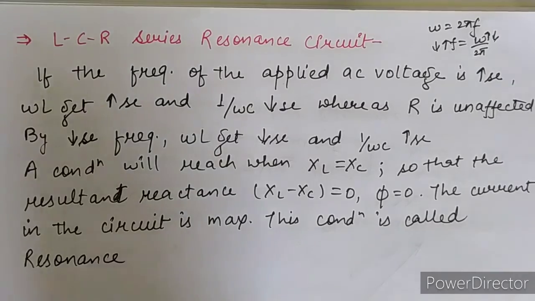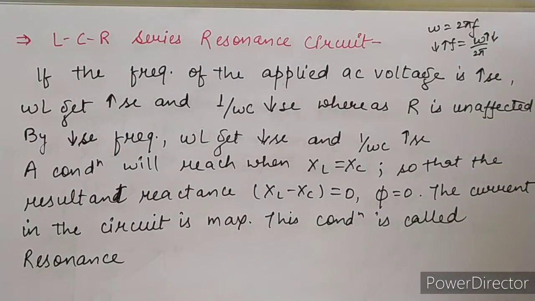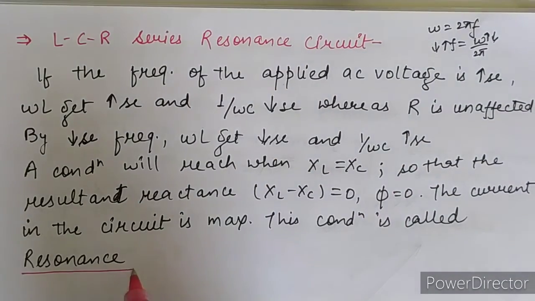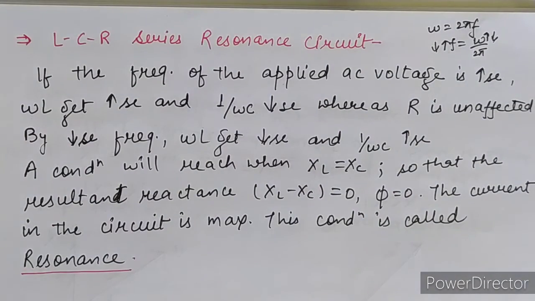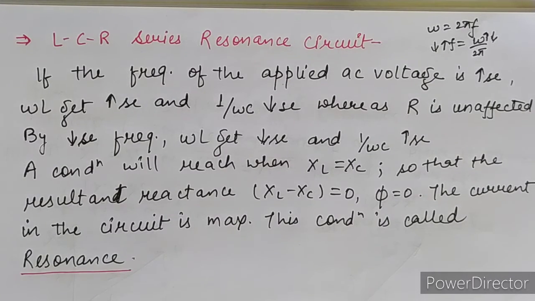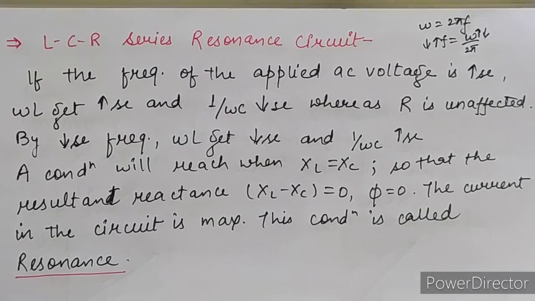This one is your resonance condition. Okay, I think you got the point. This is your resonance condition, and the circuit is called the series resonant circuit. You know this thing. Now we are going to take the resonance condition.